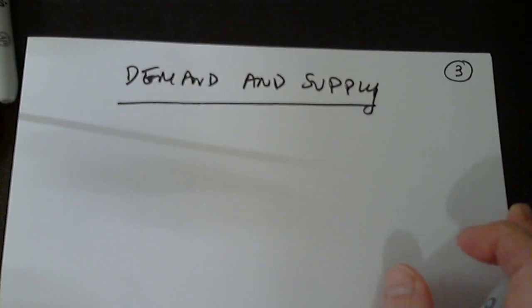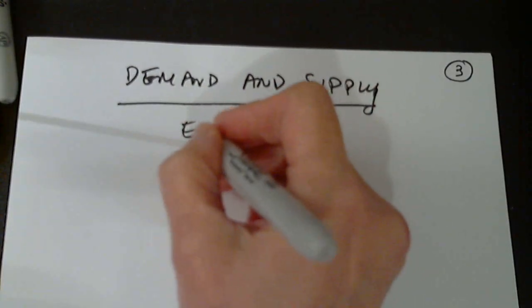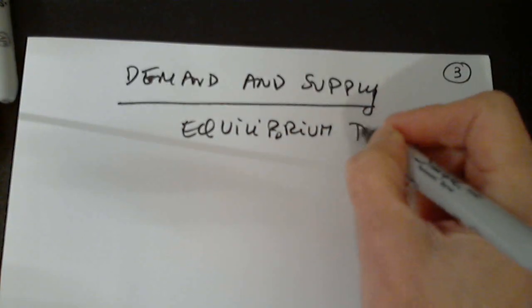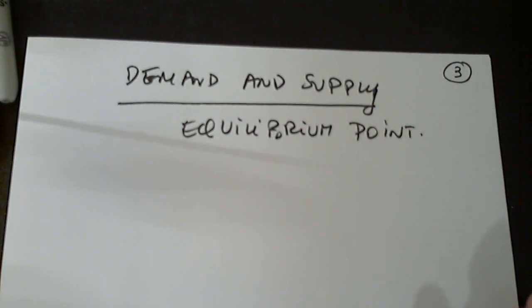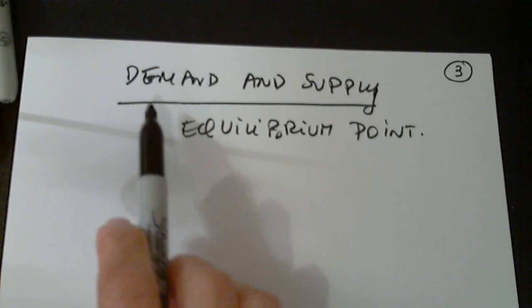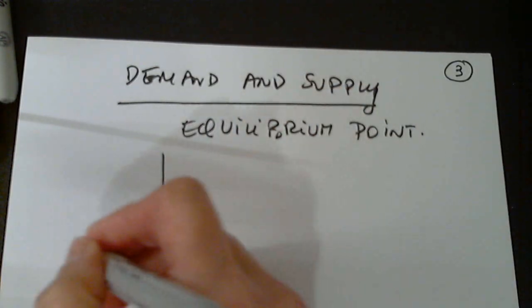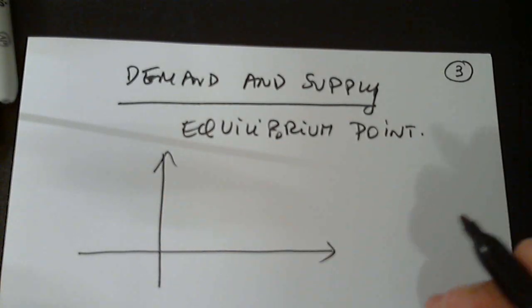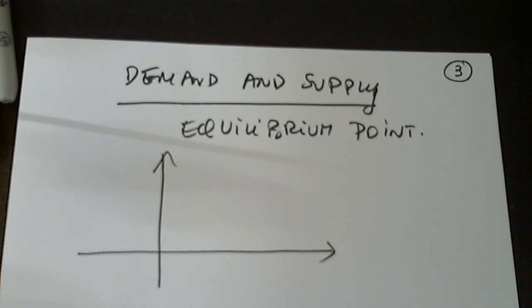And we looked at the equilibrium point, where everyone is happy. The producers are happy, the consumers are happy at the equilibrium point. And we looked at different situations and we found the equilibrium point in all sorts of different functions, etc., etc.